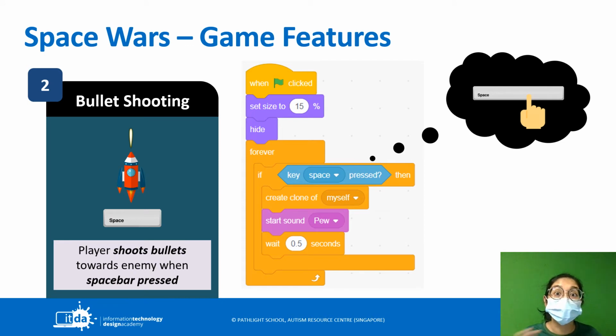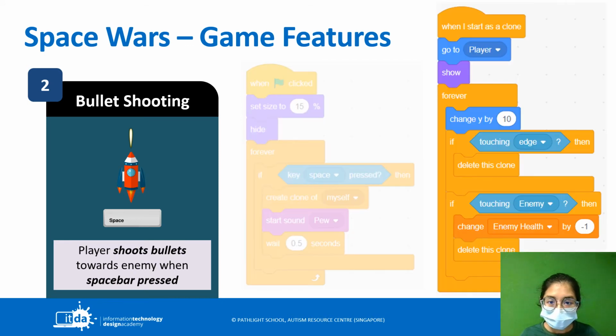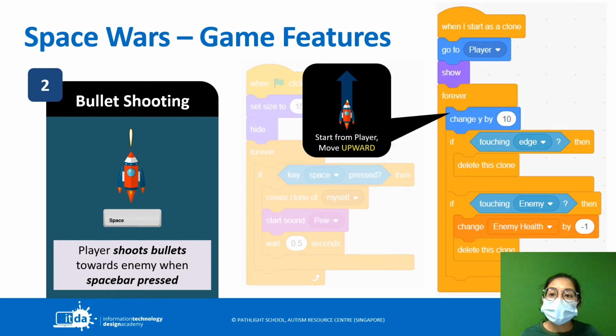Let's learn a bit about the bullet movement. The next part of the code: when the bullet starts as a clone, it will go to the player, it will show itself, it will forever change Y by 10. This means that the bullet will start from the player and continue to move upwards towards the enemy, or the top of the screen. Next part of the code: if touching edge, then delete clone.